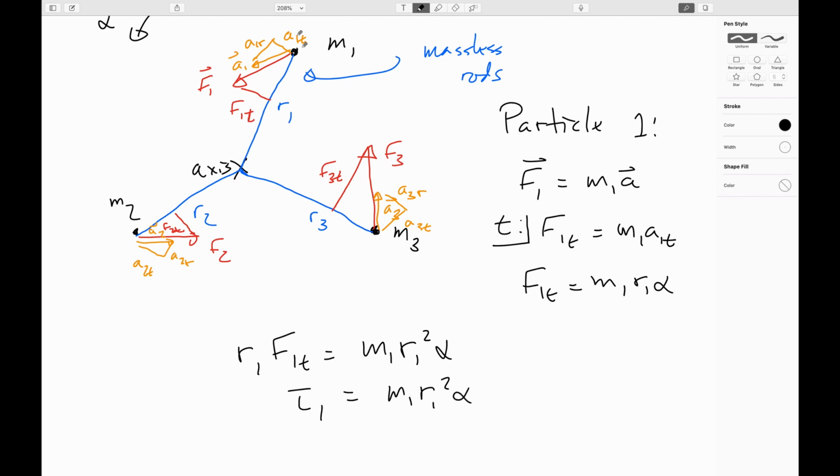So what is this telling us? Well, the force is also attempting to accelerate the mass this way, and it would, except you've got this massless rod here. In order to keep the distance fixed, the massless rod has to be providing a radial force outward to cancel the radial force inward. So this is where the whole business of looking at torques comes in super handy.